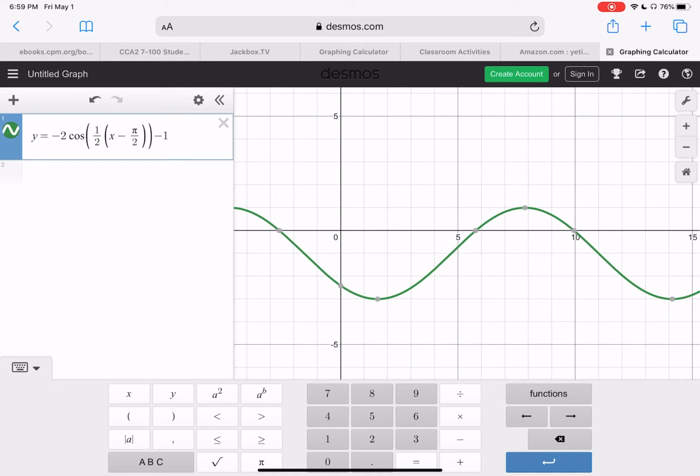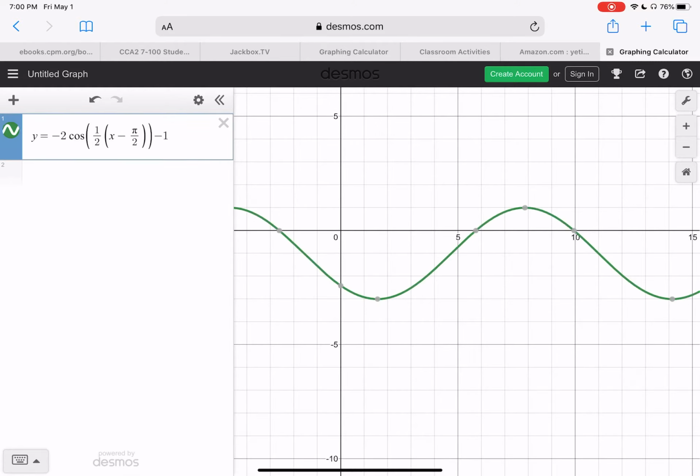So I said that I wanted my graph to be flipped, so that means that it'll start at the negative part. A cosine graph would normally start at the top, so a flipped cosine graph will start at the bottom. Mine is shifted over pi over 2, so let's see if this bottom point is shifted over pi over 2, which it is.